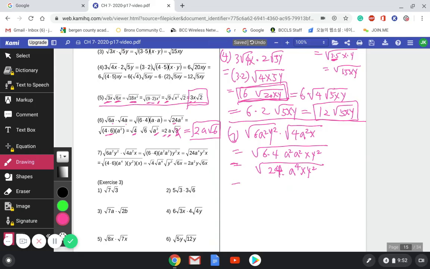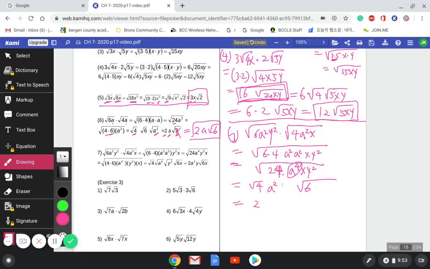Again, 24 is 4 and 6. Okay. So 4 can come out as a 2. A fourth come out as a squared, because the way you can come out with a square root, power inside of square root is divided by 2 if it's even number.